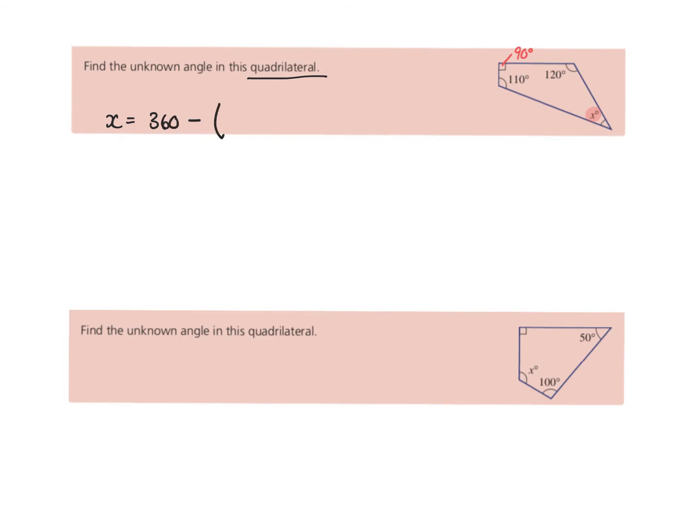So I'm going to say there's 90 plus 110 plus 120. That would be 320. So then X equals 40 degrees.